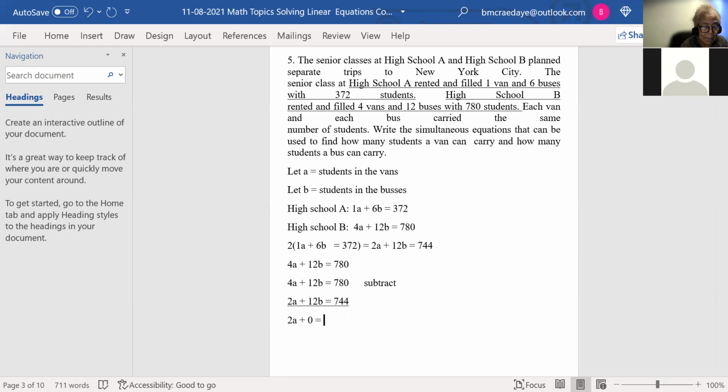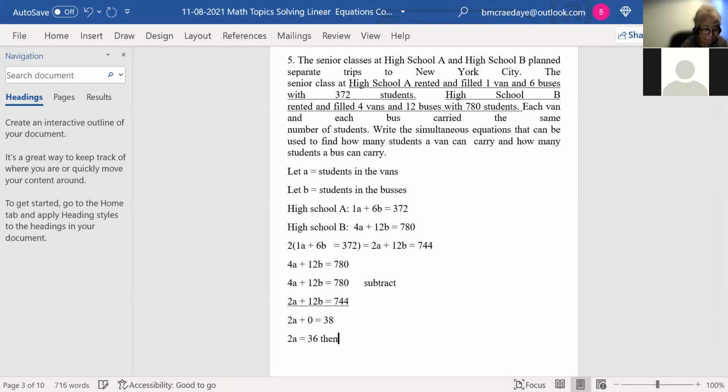Okay, 780 minus 744 is 36. So 2A is 36. So we know what A is. What is A equal to?